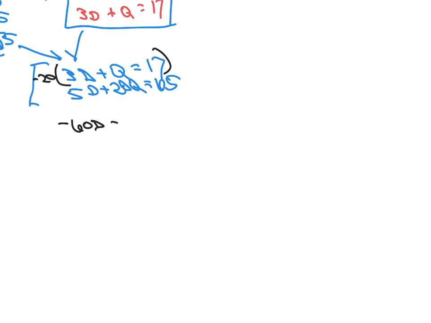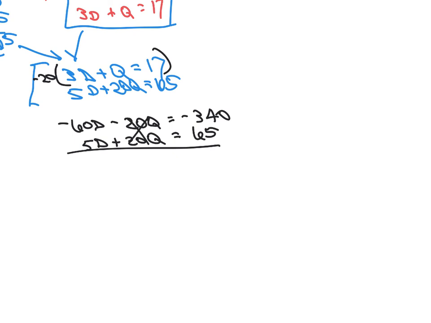-60d minus 20q equals -340. And the reason I did that is because this doesn't have a number. And if I can multiply this times this and get -20, when I add the positive 20, I'll get 0. Okay, so those go away.